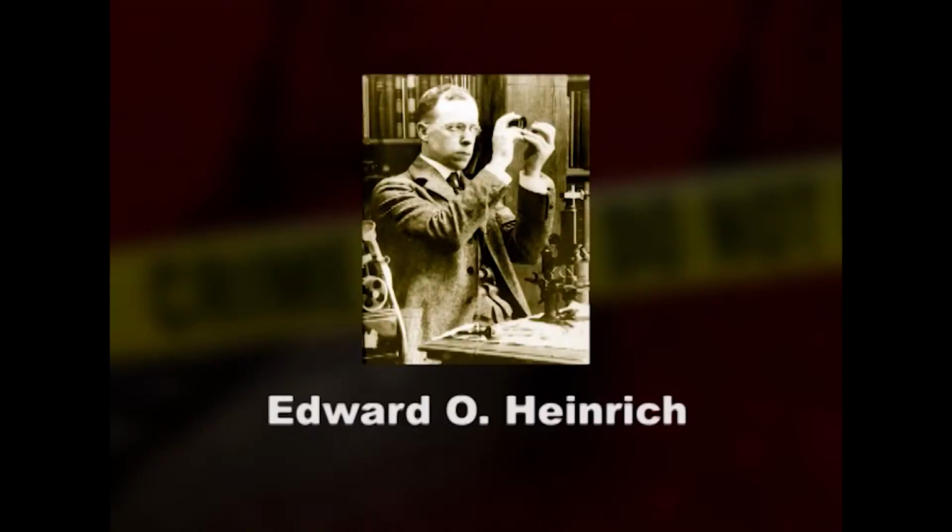Moreover, Edward O. Heinrich discussed the method of crime scene reconstruction. He stated, "My procedure is to reconstruct the crime by visualizing the habits and actions of the criminal. I do this by using the debris that the criminal leaves behind and relocating it with respect to the criminal episode."